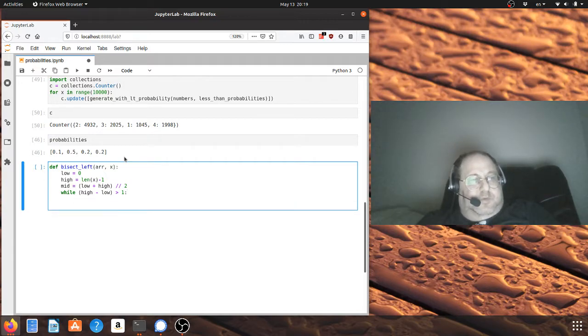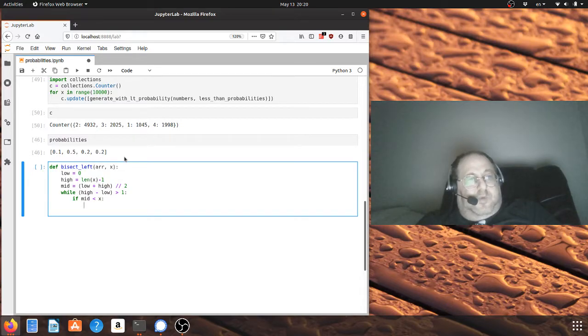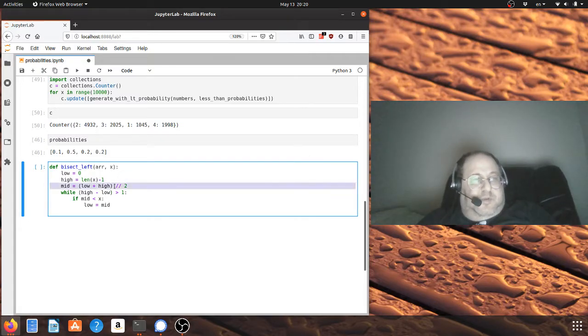And now we do this. If mid is less than x, then clearly we're above the midpoint, right? So we can assume that low is mid. This should probably be inside the loop.